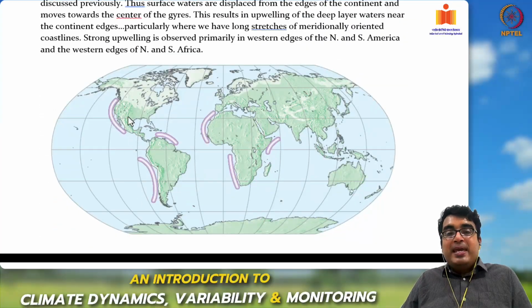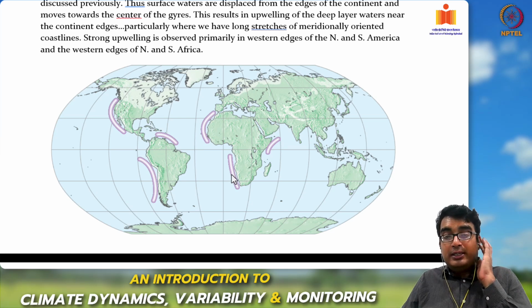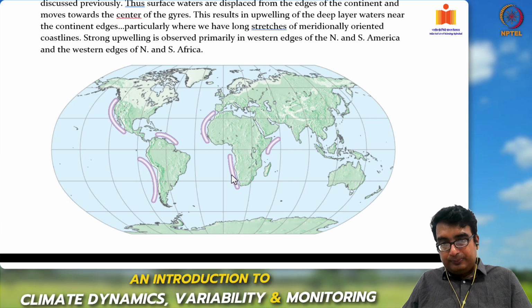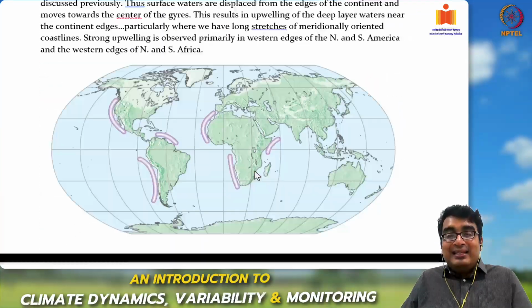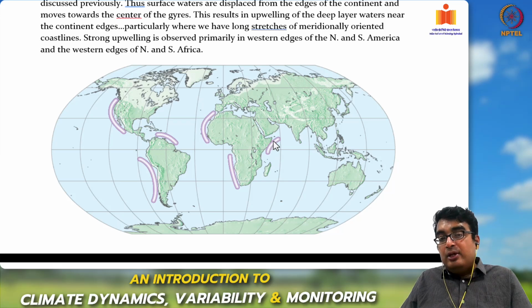So these are the major regions of upwelling of the cold oceanic waters from the deep layers. As you can see, the western coasts of the continents are the primary regions where this happens. One other location where this sort of upwelling is occurring is near the equator along the eastern coast of Africa in the Somalian Peninsula.